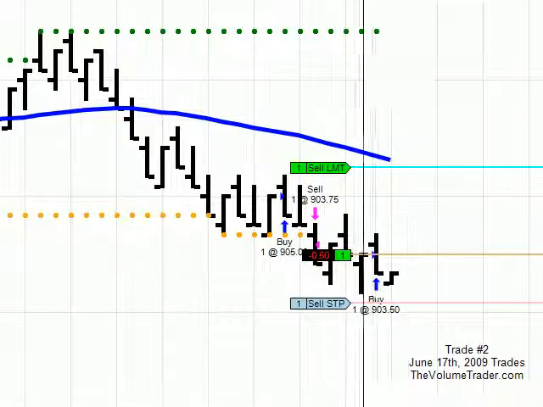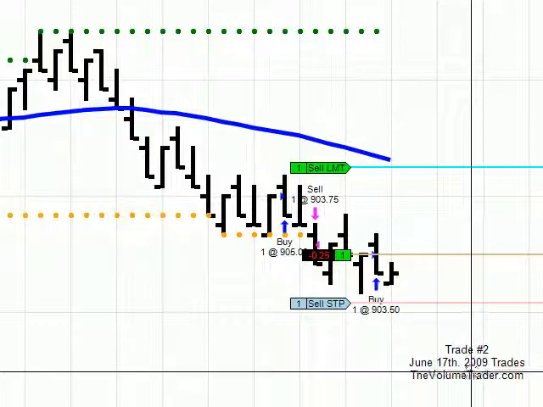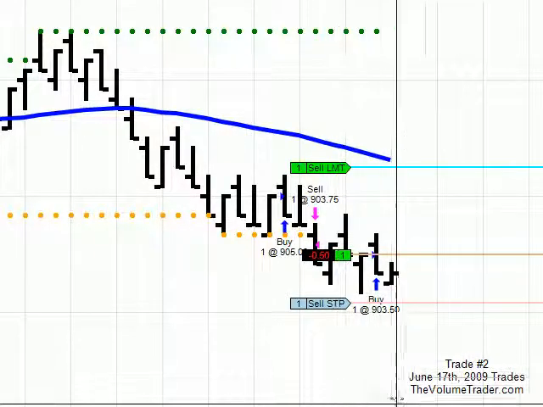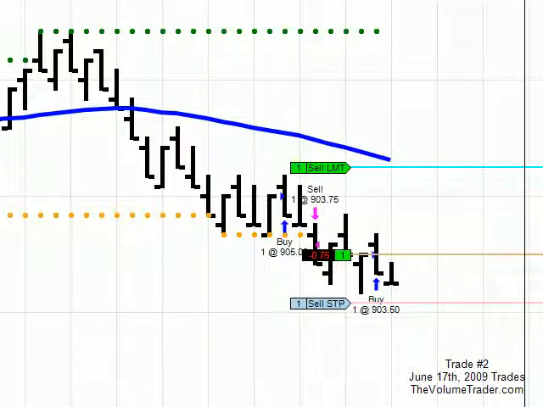We have a trading strategy, and so we're going to keep taking these signals as they come, and we'll just see what happens here. Right now, it's a tick away from taking us out.